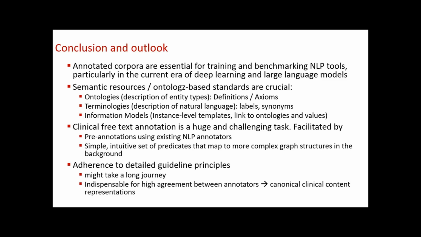Nevertheless, semantic resources and ontology-based standards are crucial when you really want to get at least close to some kind of canonical ontology-based knowledge graph representation, where the ontologies bring you the definitions and axioms, the terminologies, the labels and the synonyms, and the information models, let's say, are the templates which contain all these other codes and references.